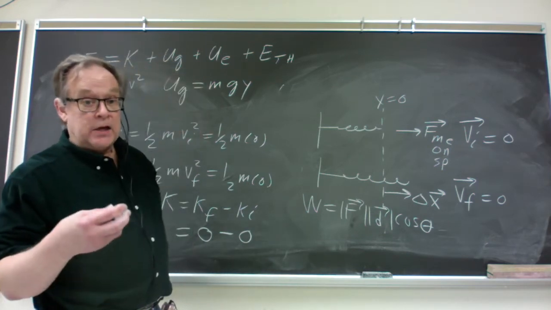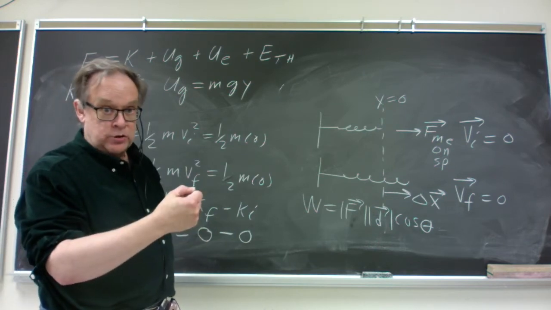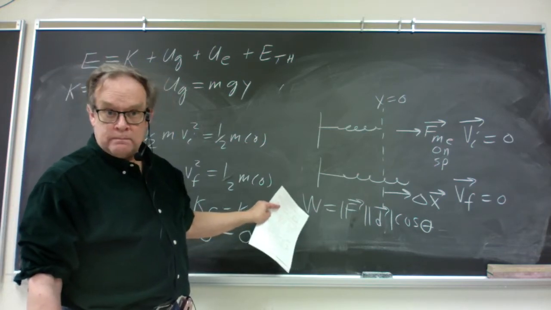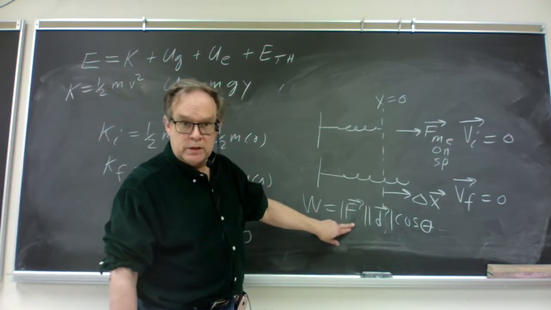By the way, I know for sure that the work I did gave energy rather than took away energy, because this work is positive. Right? That's a magnitude, so it must be positive.